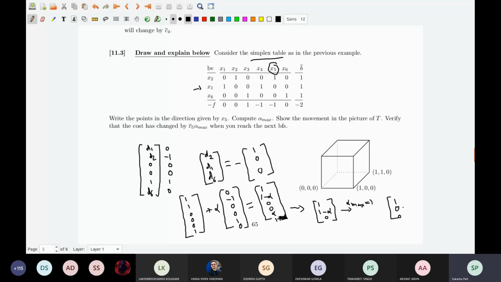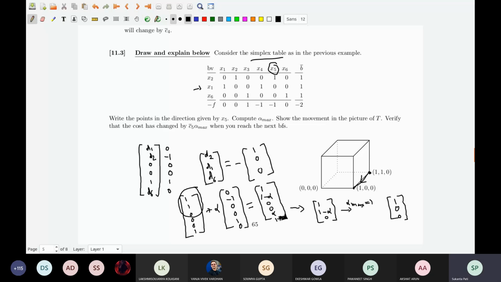That means it is starting from 1, 1, 0, this is the w star, and goes towards 1, 0, 0. This is traveling on this edge, and wherever it stops, that is a vertex.